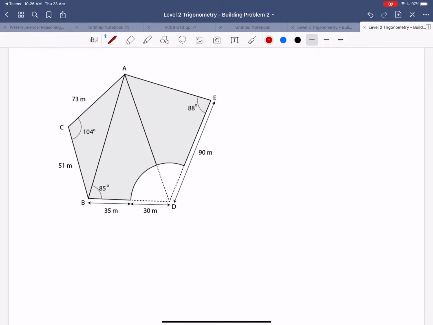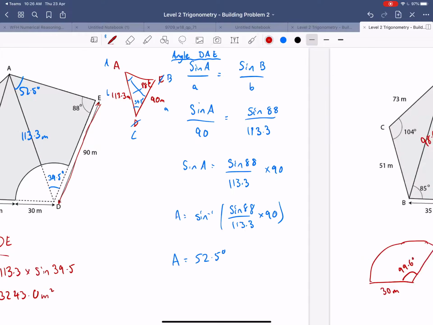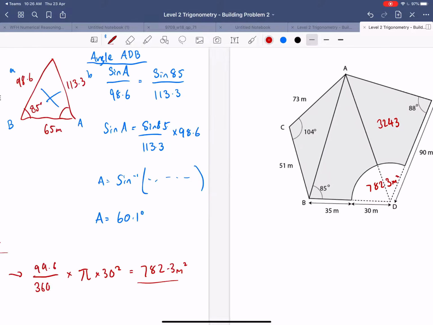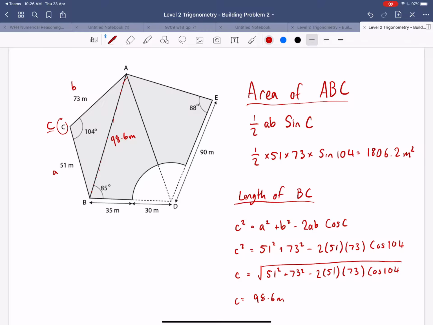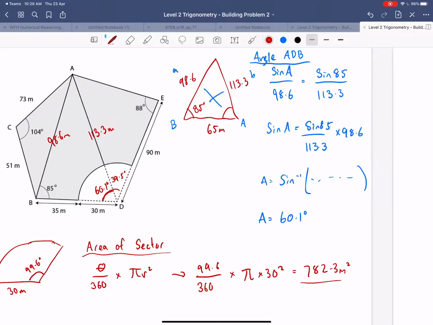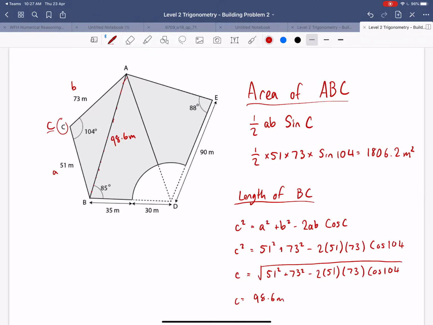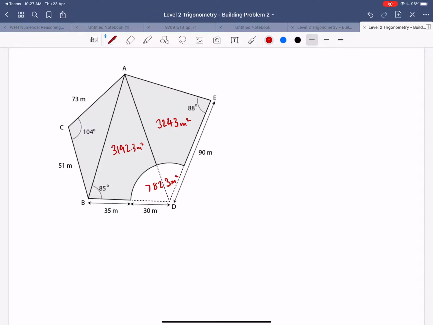So this is 782.3 meters squared. We've got 3243.0, we've got 3192.3, and we've got 1806.2.